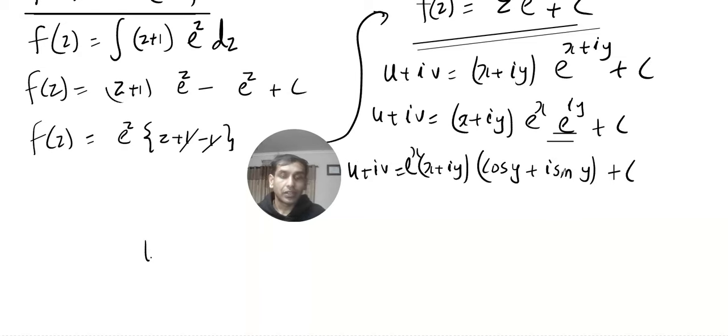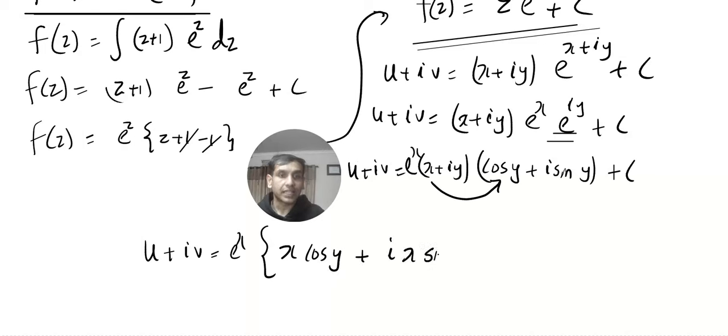And now I'll distribute the whole stuff. So e power x, can you see I'm going to distribute this? So I'm going to get x cos y plus i x sin y plus i y cos y. i square is minus 1, so y sin y plus c.